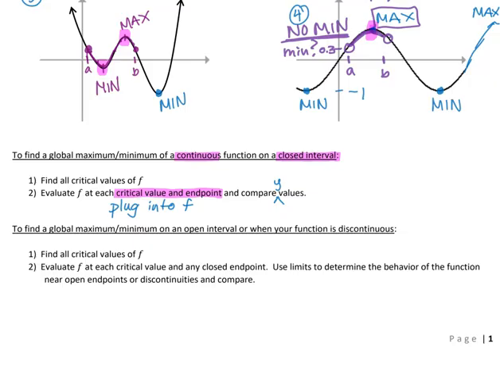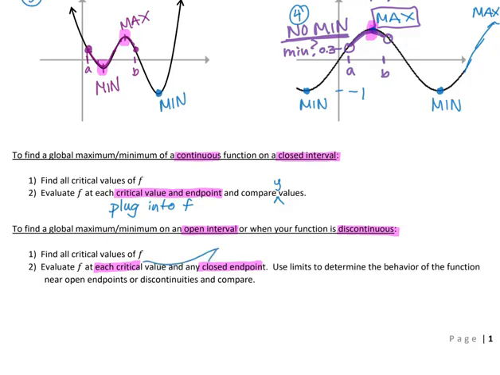If we don't meet the requirements of the extreme value theorem, we have to be just a little bit more careful. So if we have an open interval or a discontinuity or both, we have to go through that same process as up above. We have to find all the critical values. So that will always be our first step, just like when we were finding local maximums and minimums. We have to evaluate f at each critical value and closed endpoint. So again, same as the previous one.